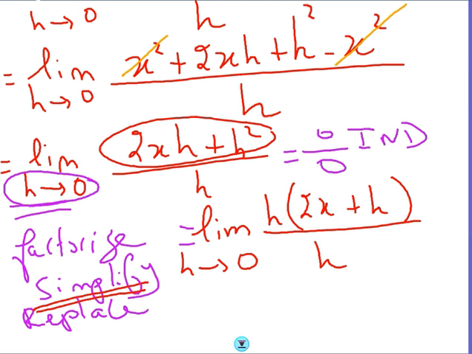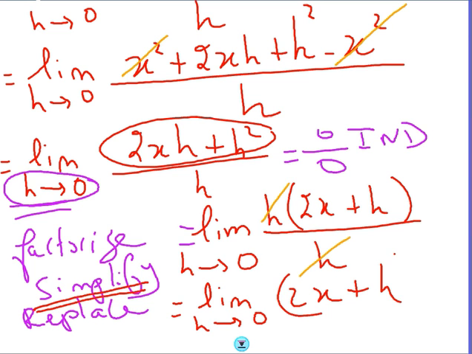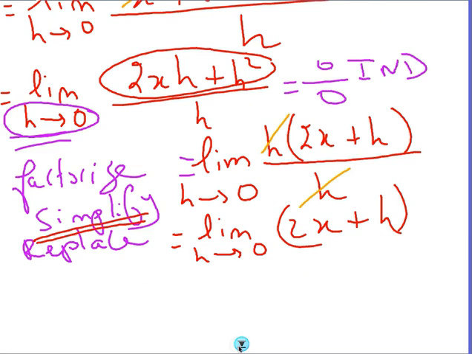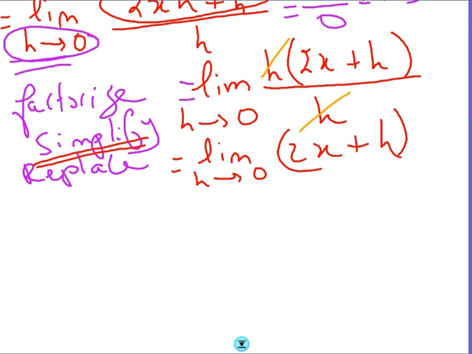So you simplify h over h, they cancel out, and you'll be left with the limit as h tends to 0 of 2x plus h. Now you replace h by 0. Why by 0? Because we're taking the limit as h tends to 0. This is the definition of the derivative of a function.